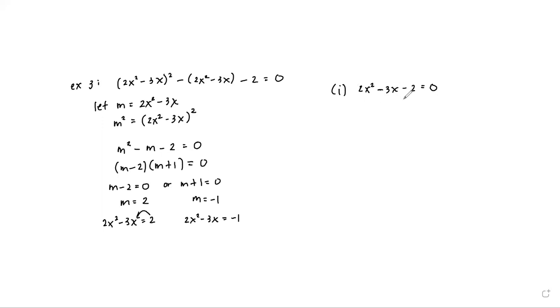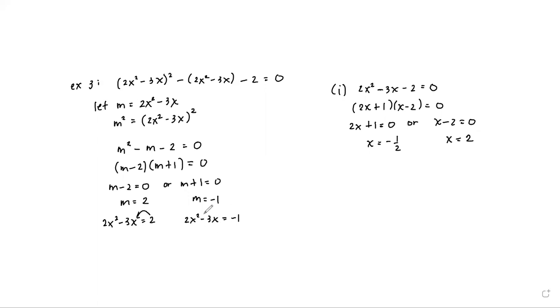Resolving this equation, so factoring the left side, we get 2x plus 1 times x minus 2. So using the zero product property again, we can equate both factors to 0. And so in the first equation, we get x is equal to negative 1 half. And in the second equation, we get positive 2.